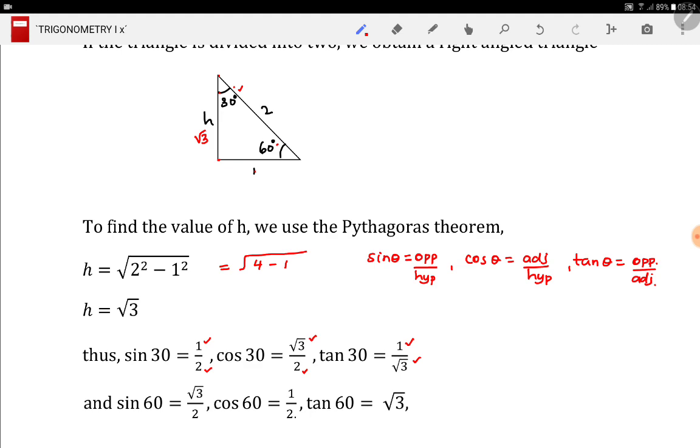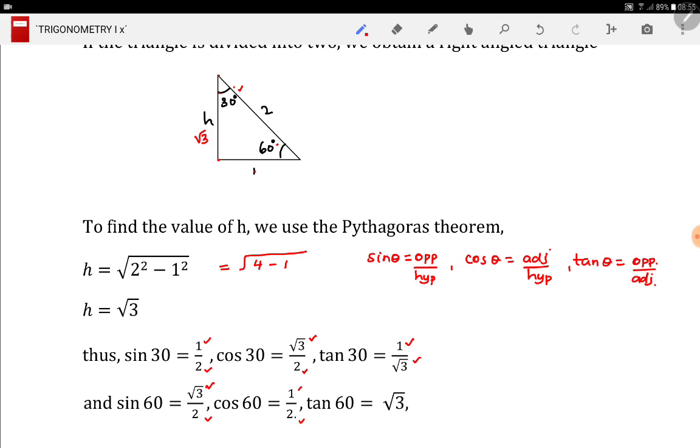Then for angle 60, the sine of 60 is equal to the side opposite to 60, which is root 3, over the hypotenuse side, which is 2. The cosine of 60 is the side adjacent to it over the hypotenuse. The side adjacent to 60 is 1 over the hypotenuse, which is 2.